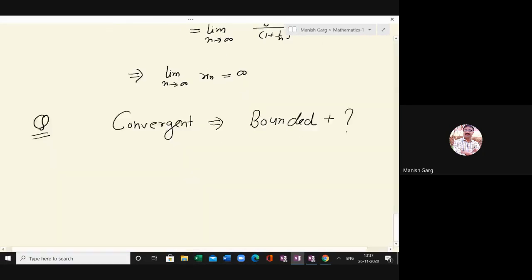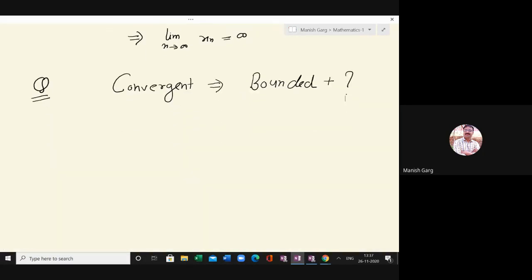It means convergence will also be true. So I am going in that direction. I am trying to prove the converse part, but with what condition? With one additional condition.